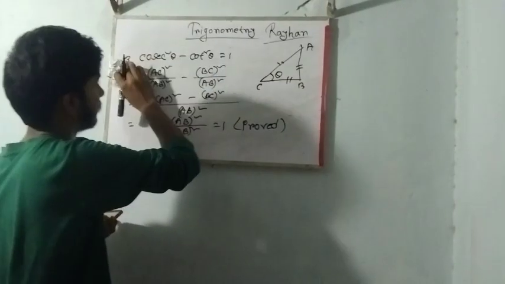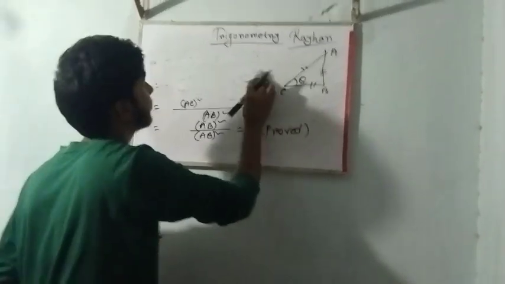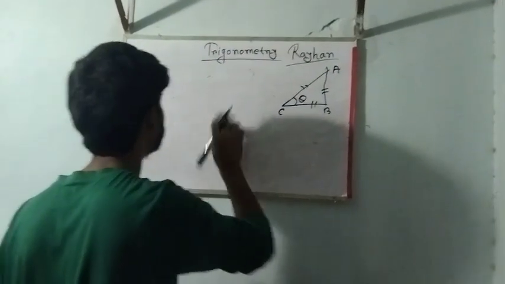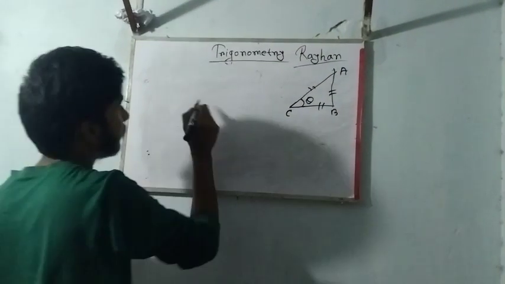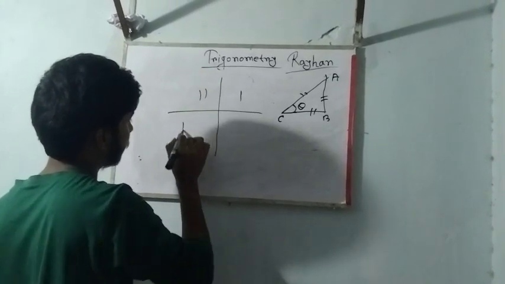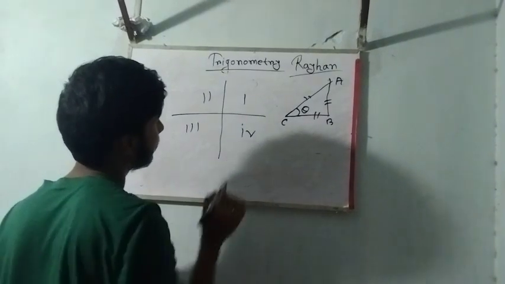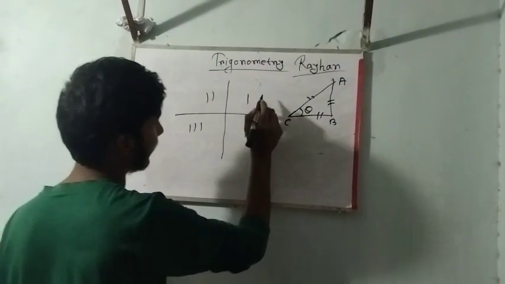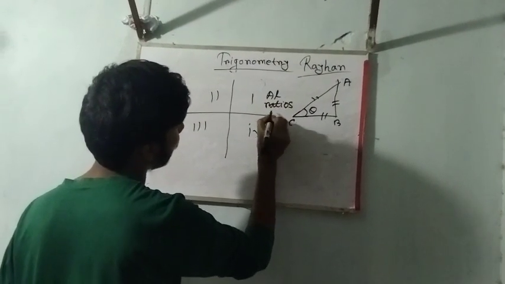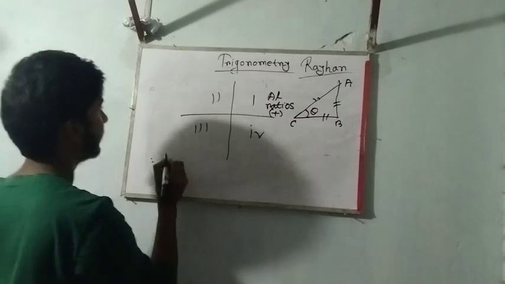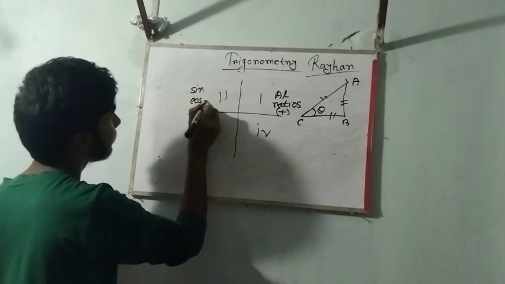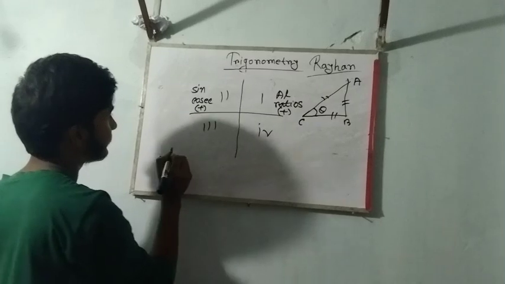This is proved. Now we will talk about the quadrant system of ratios, positive or negative. We all know about the quadrant system: quadrant number first, second, third and fourth. In the first quadrant, all trigonometric ratios are positive. In the second quadrant, sine and cosec are positive.